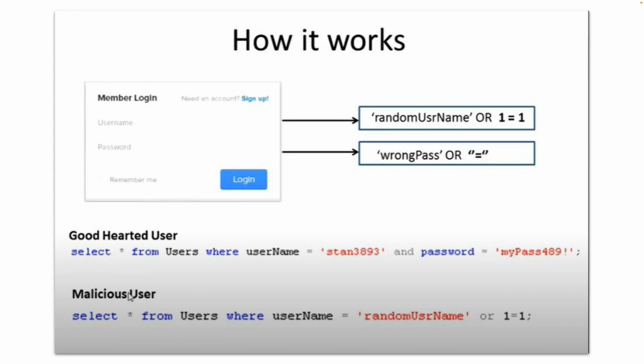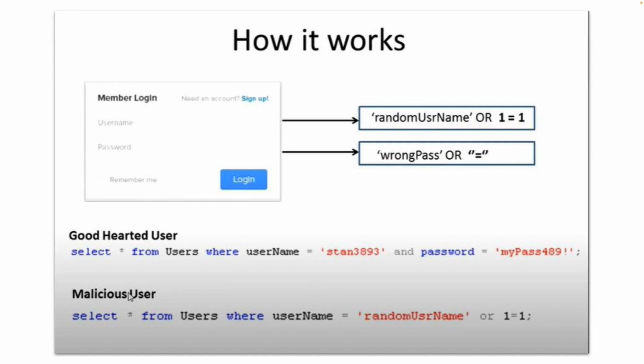That entire bit gets put into the placeholder for the username, where we can see random username appears in that bottom statement, but then the or 1 equals 1 is still part of this concatenated string because of the terminating single quote after random username.